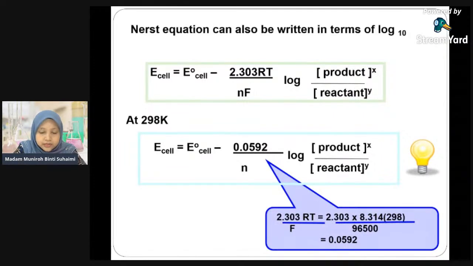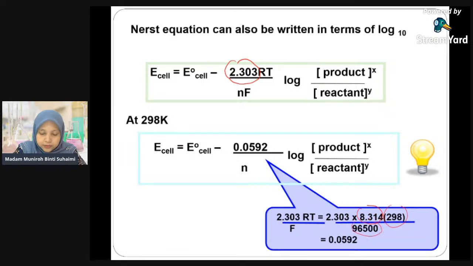The Nernst equation can also be written in terms of logarithm. If we want to use a logarithm formula, we can substitute 2.303. We can derive the formula when we substitute the R constant, the temperature at 298 Kelvin, and the value of Faraday.